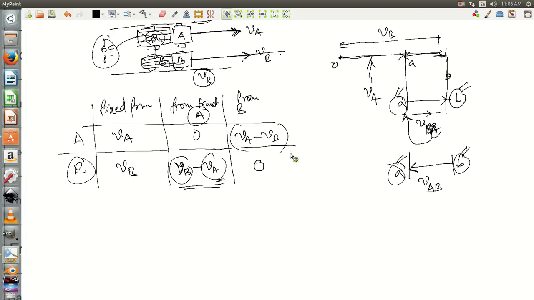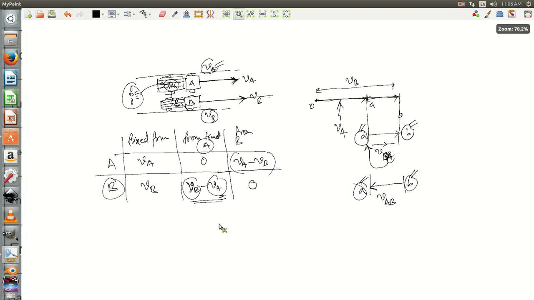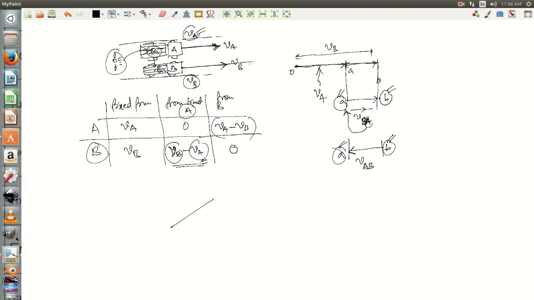Now, what if these trucks, instead of moving in the same direction, are moving in an arbitrary direction within the plane? Let's say this is O, this is A, this is velocity of A, this is B, and this is your velocity of B. So simply join these two endpoints such that if you draw the direction in this way, this will represent velocity of B with respect to A, which is given by, of course, VB minus VA in the vector form.